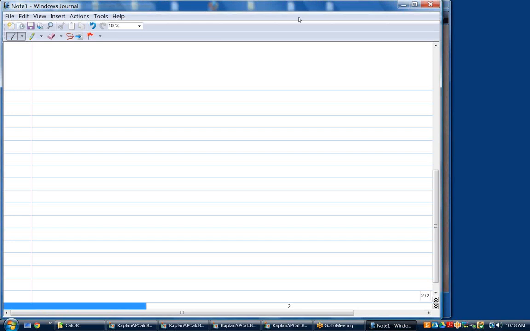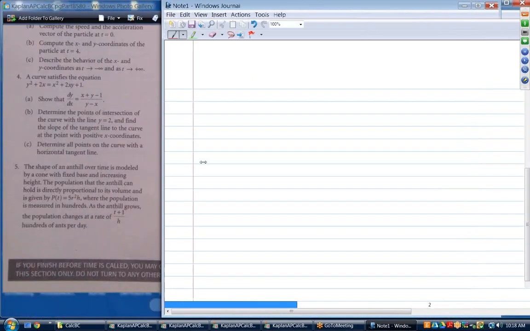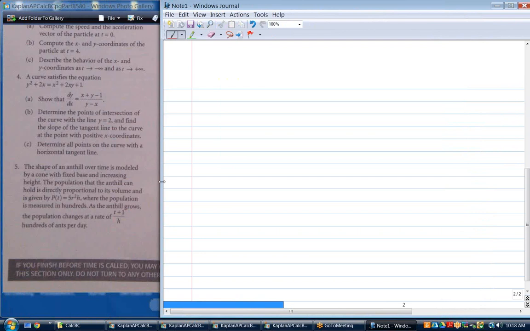Okay. Hold on, let me get this so you can see it. Part A basically says differentiate this thing and verify that the answer is the following, which is kind of a weird way to ask the question.